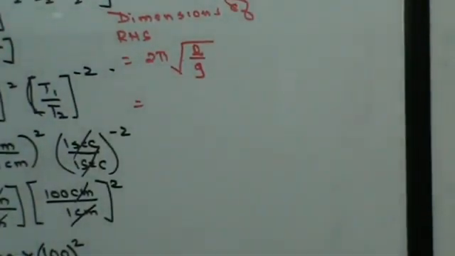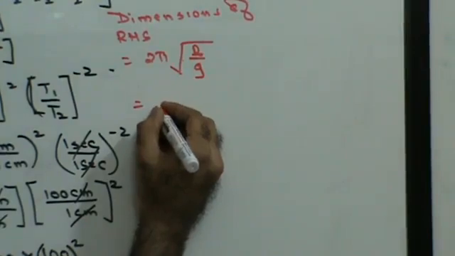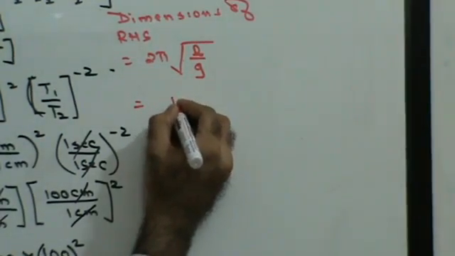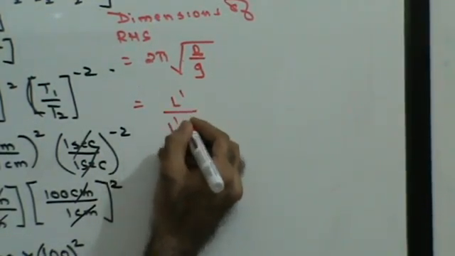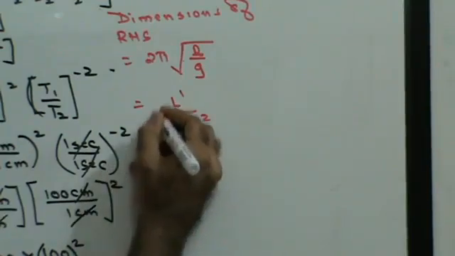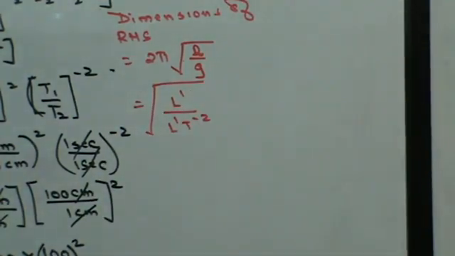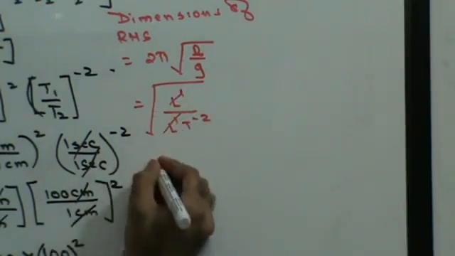2 pi is a constant, it has no dimensions. So this is going to be root of L by G. Now this is nothing but L raised to 1 over L raised to 1, T raised to minus 2, under root. I've just written the dimensions of length and gravitational acceleration, what I had already found out. L and L get cancelled.